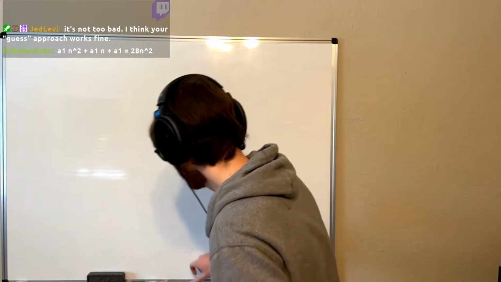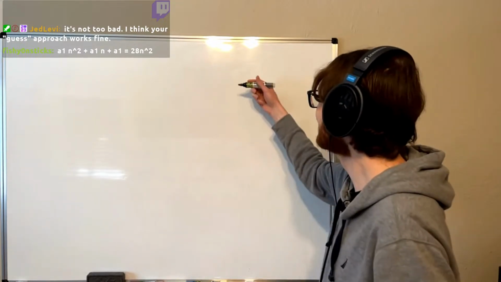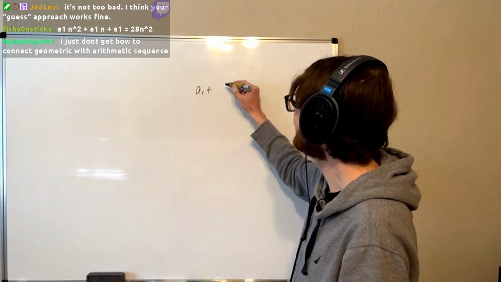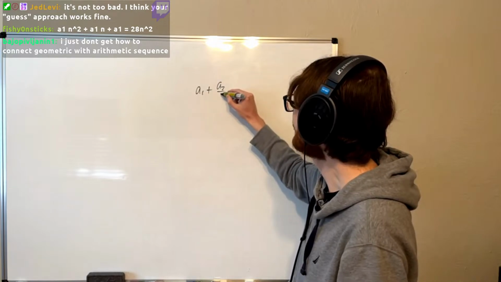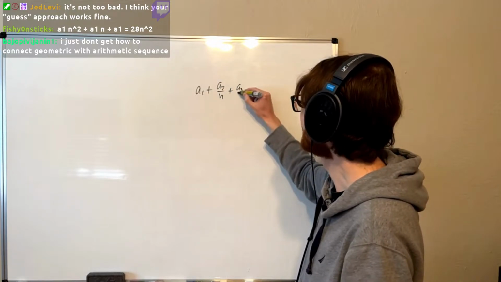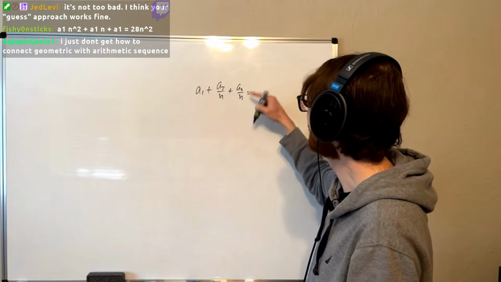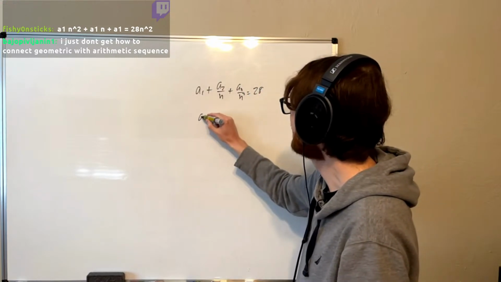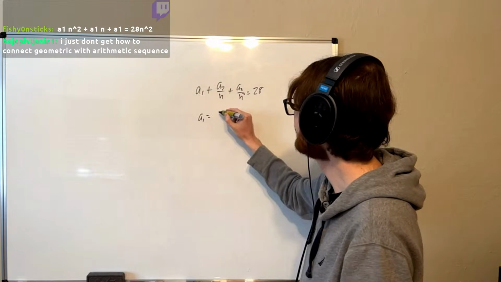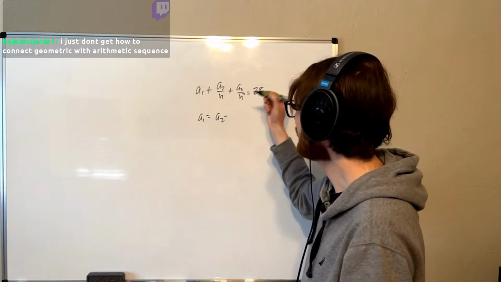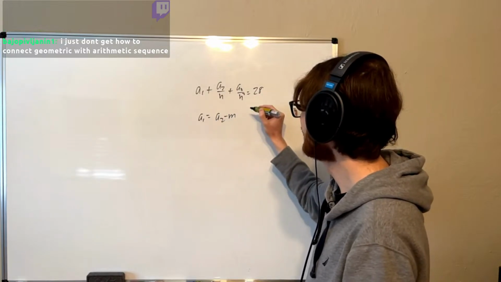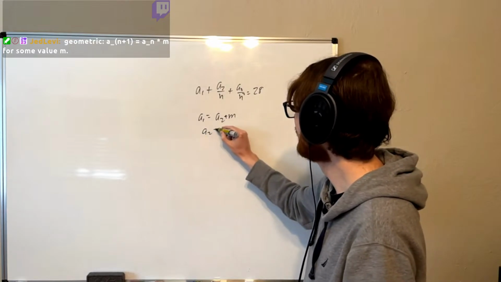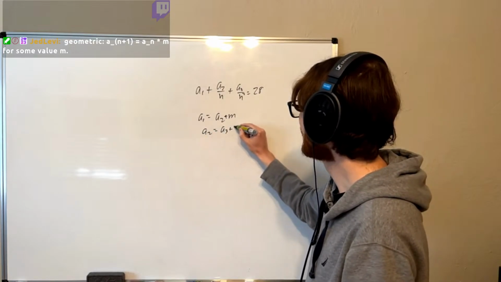Okay, so it's A1 plus A2 over n, let's just say, plus A3 over n squared. And then A1 is equal to A2 plus some other number, and A2 is some other number plus m.